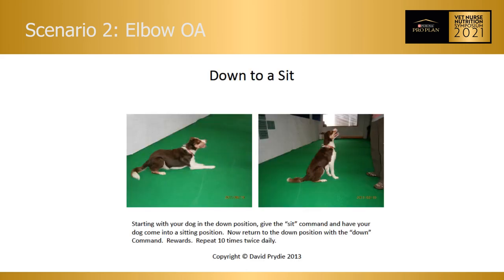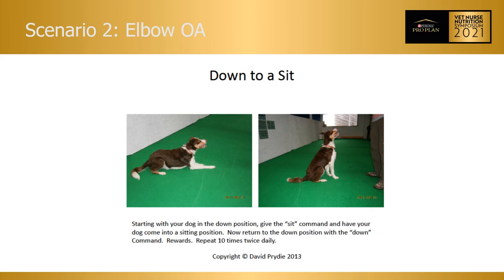Okay, so another exercise that we can introduce into the exercise regime of the elbow arthritis patient is one called down to a sit. So not only does this exercise encourage weight bearing, but it also encourages range of motion. So the idea of this exercise is to start the dog in a down position and then using a treat or some food, give the sit command and have them come into a sitting position.